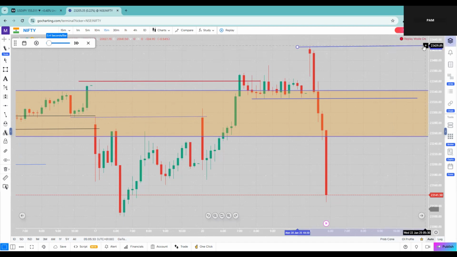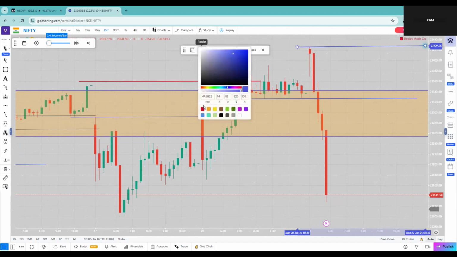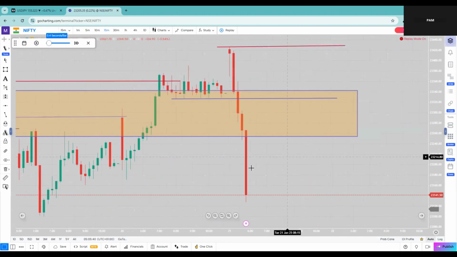So my stop should be above here to protect it. If price comes back here, it will fill me in. Let's see how it plays.